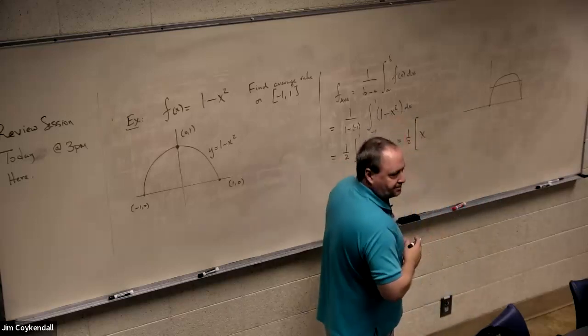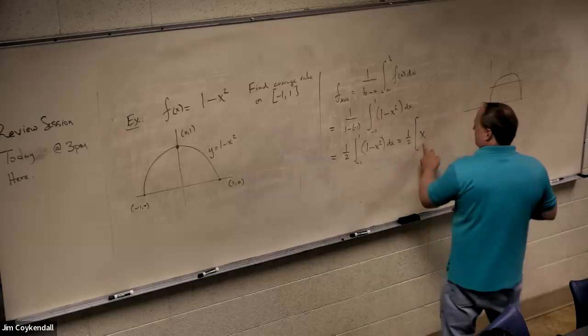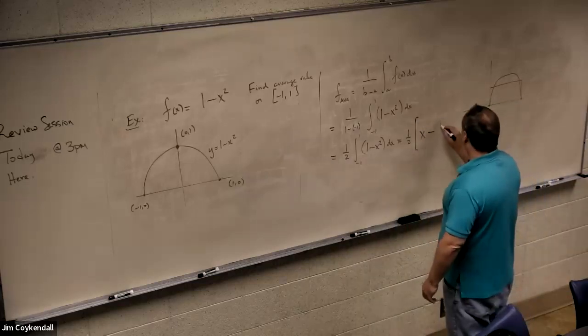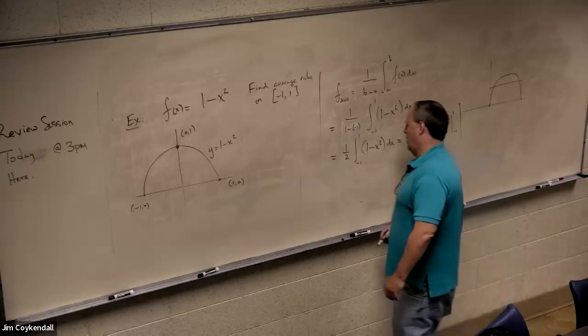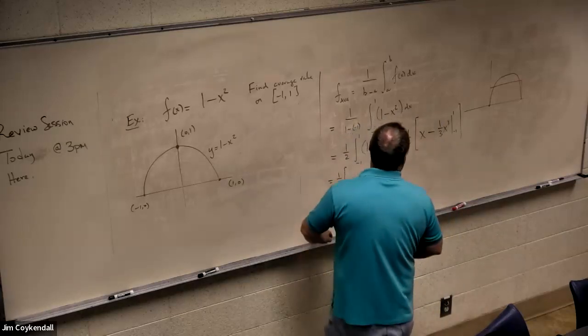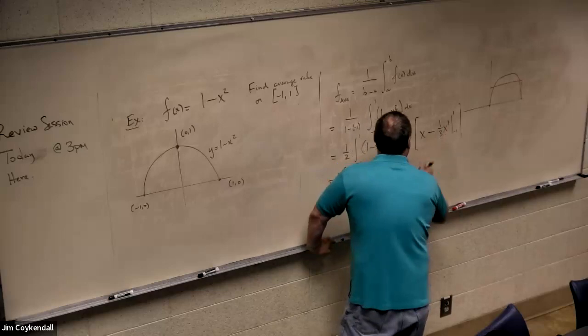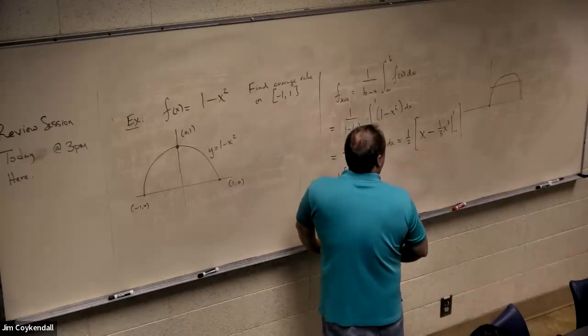It's x. And of x squared, it's x cubed over 3. So this is 1/2 of, let's see, first I put in 1 here, 1 minus a third.